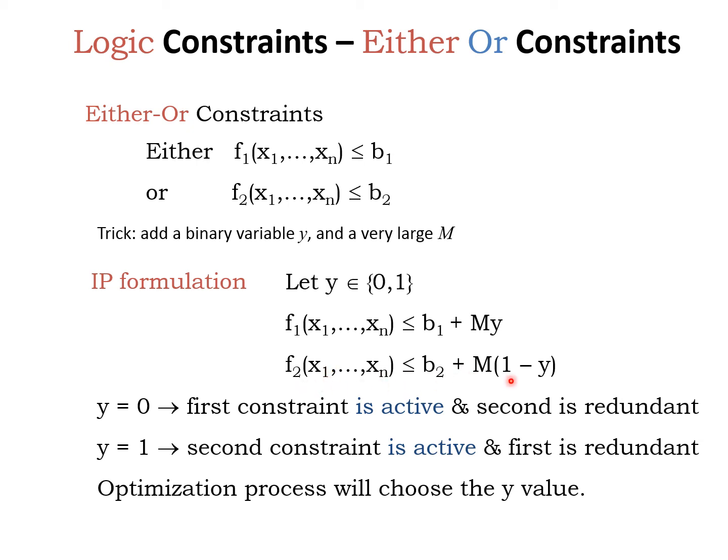Well, it doesn't have any meaning, and that's why we call it redundant in this case. This constraint, the second one, doesn't exist. Obviously the other way around, if y is 1, then the first constraint becomes redundant, and the second constraint becomes in effect. And that's how we deal with either-or constraints in a particular formulation if you need to use it.